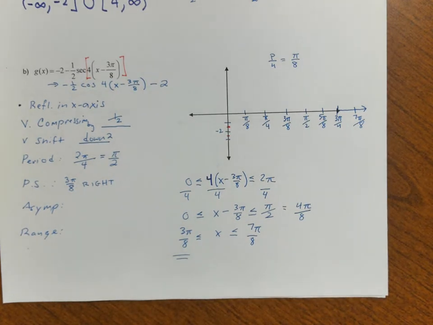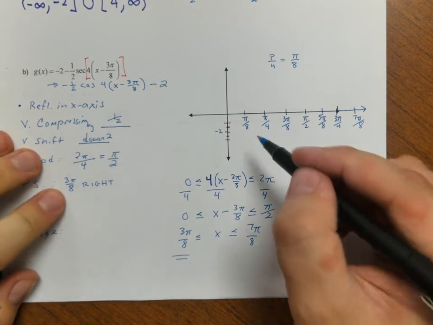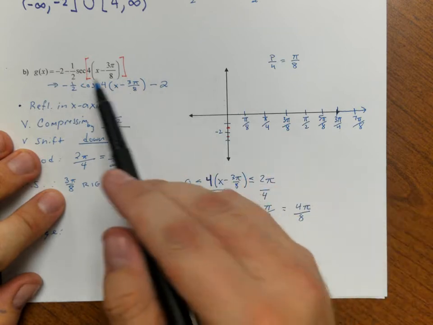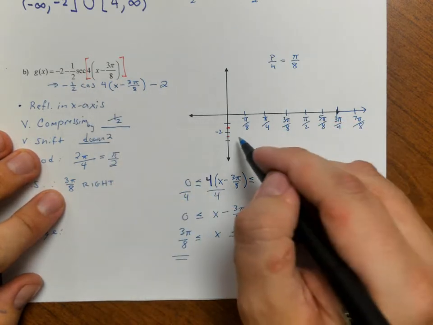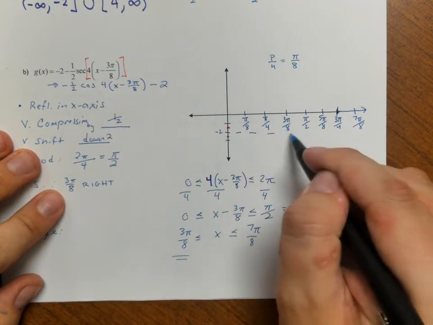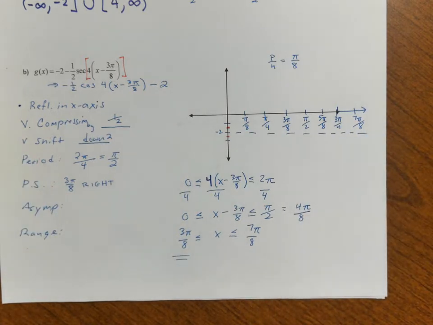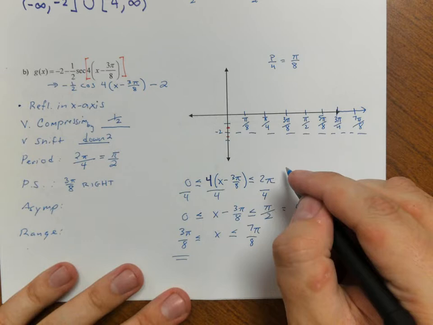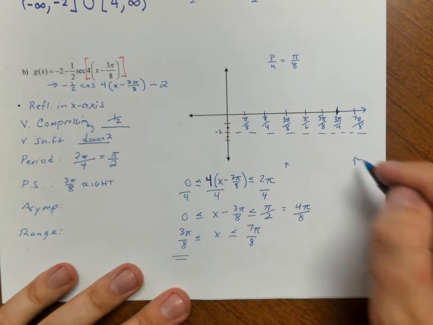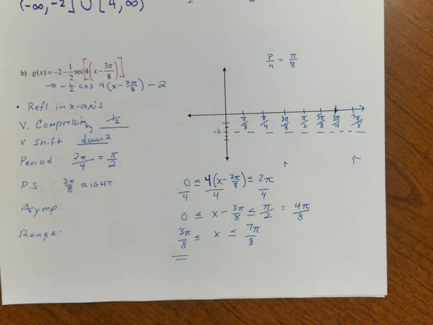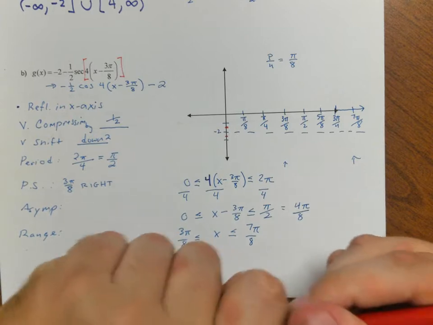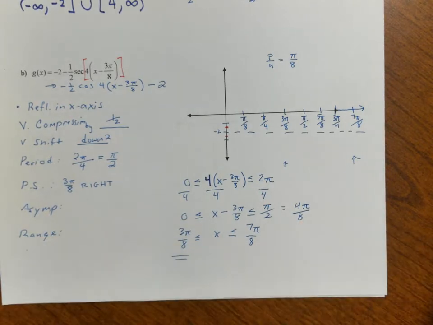Okay, so here's the deal. To graph the secant, I'm first thinking about graphing this cosine. I put this dashed line in. I'm going between 3 pi over 8 and 7 pi over 8. Now the cosine normally starts at the top of its range.